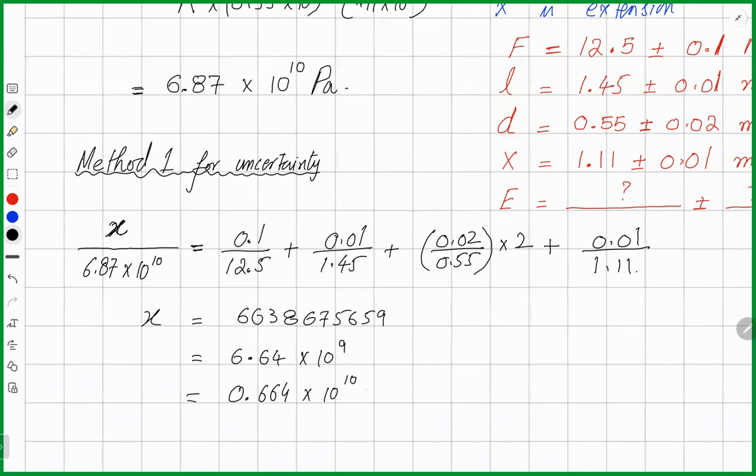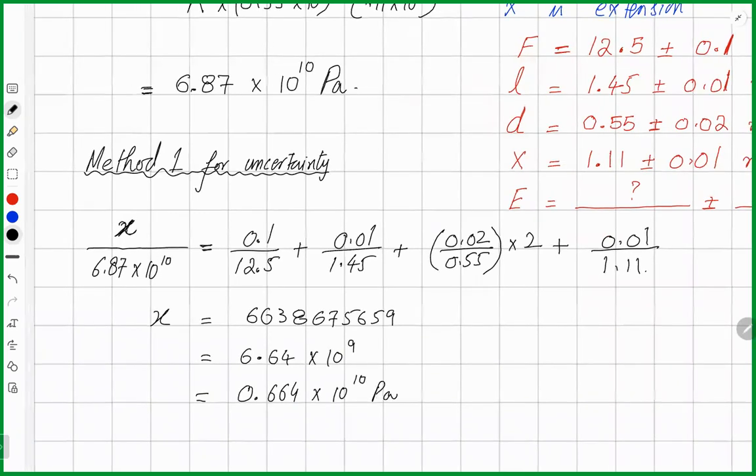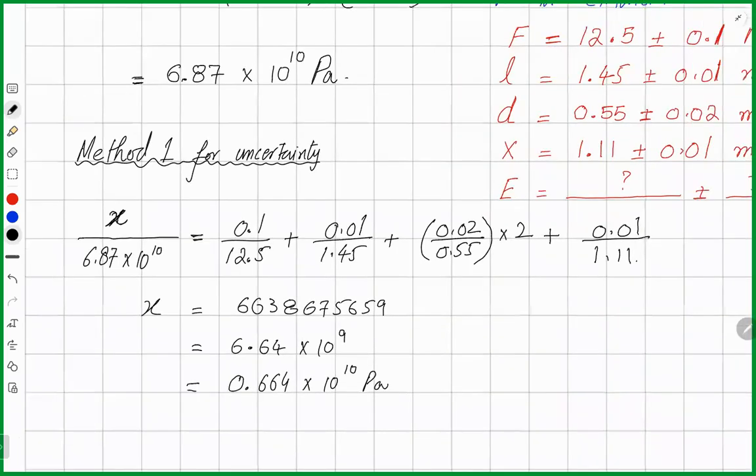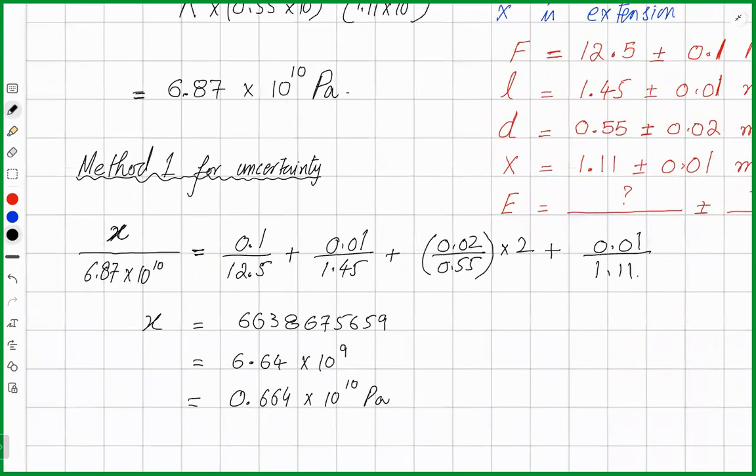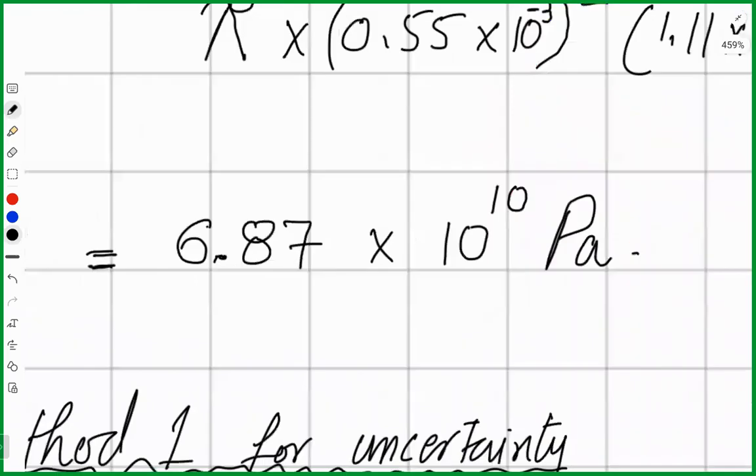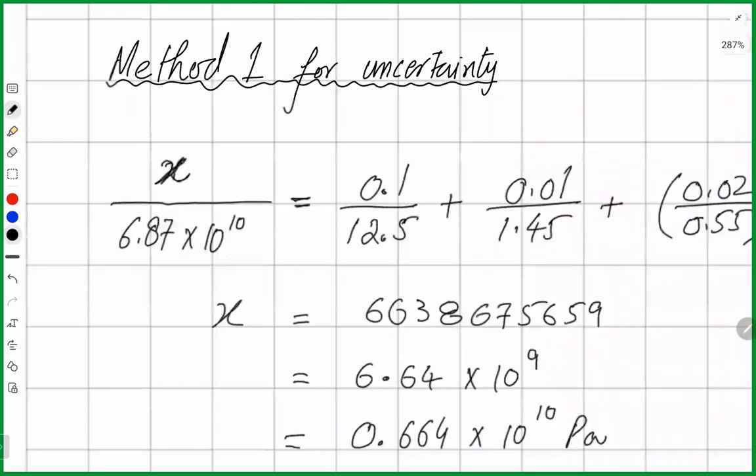I told you the unit for the absolute uncertainty has to be the same as the measured quantity. So if the measured quantity is 6.87 into 10 to the power 10, it will be 0.664.